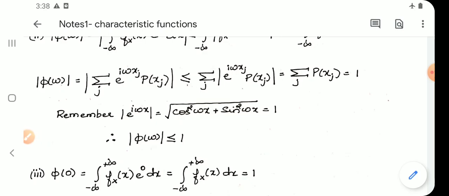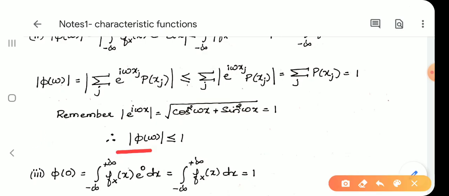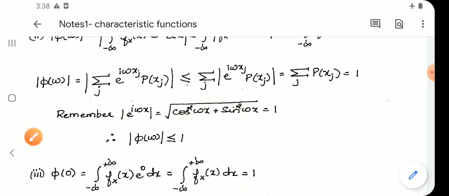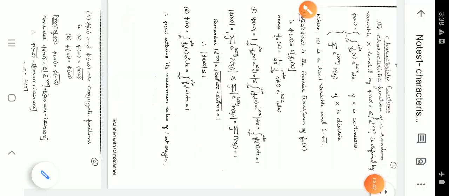Therefore, we can finally say modulus of phi of omega is less than or equal to 1.